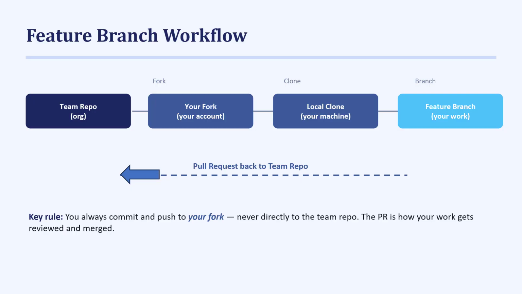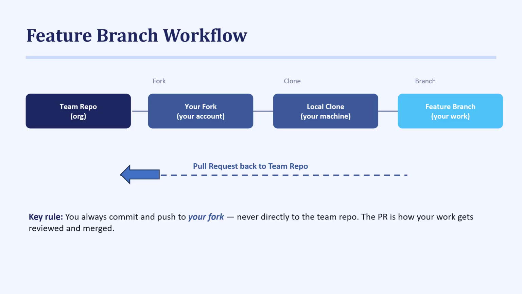So just to recap, our feature branch workflow, what this needs to look like. We would find the repo that we want to work with, whether it's in an organization, a class team, an open source type thing. We would fork the repo, and that would create your own copy at github.com/your username/repo name.